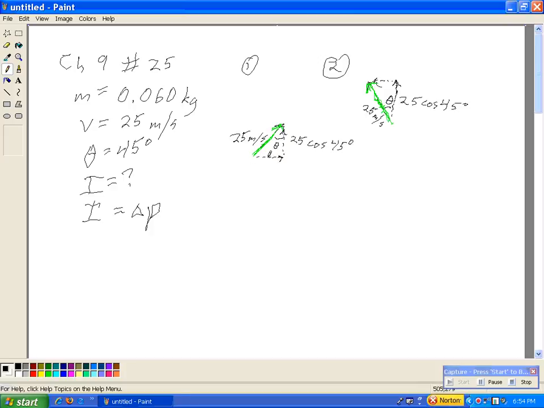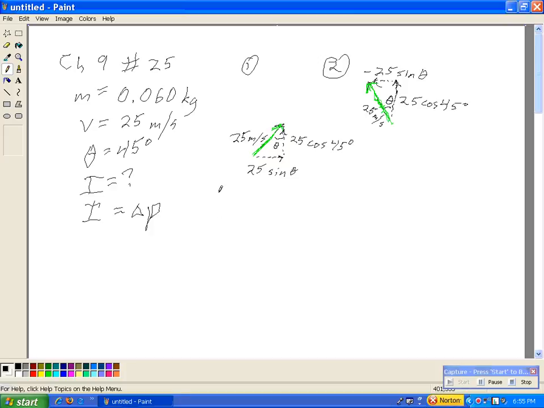So we have to look at the x values. This will be 25 sine theta. This will be negative 25 sine theta. Okay.